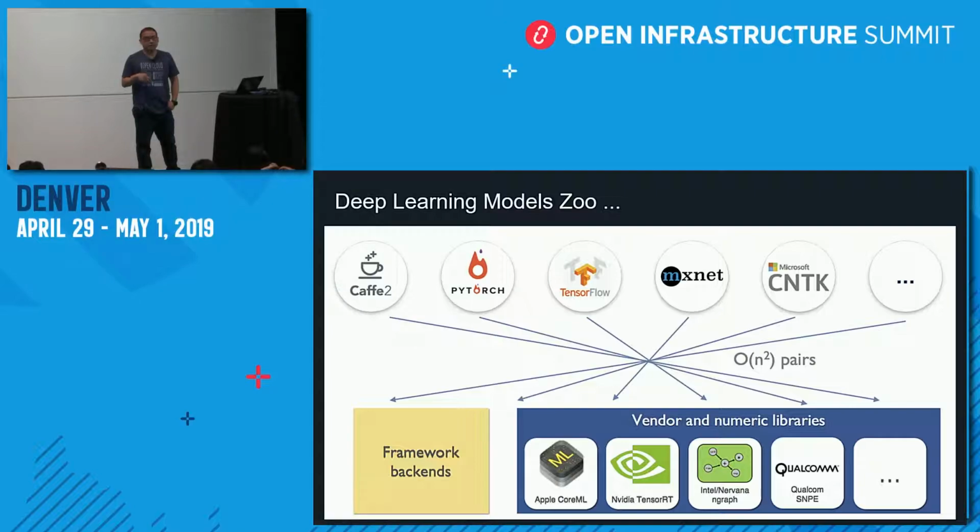And at the bottom, we have all the different hardware from different vendors: NVIDIA, ARM, Qualcomm, and even Huawei just published their own AI chip early this year. And this creates a large matrix of pairs. If a vendor wants to publish a new device, they need to support all these different frameworks. It's a lot of work.